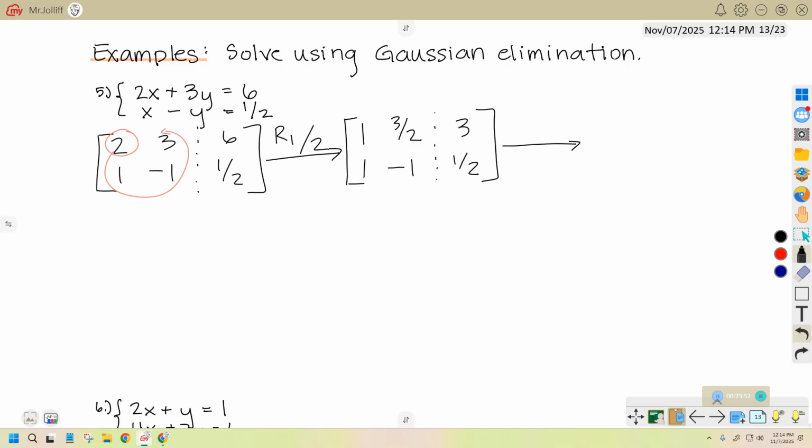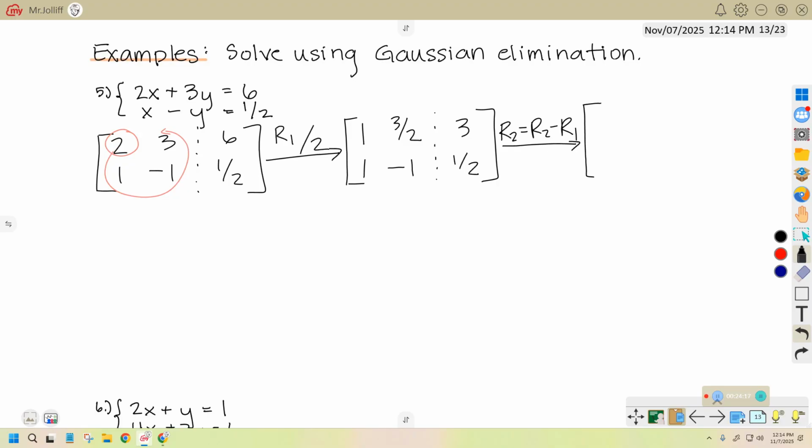And the answer is I'm going to take row 2 and I'm going to set it equal to row 2 minus row 1. Because I'm allowed to multiply a row and then add or subtract it to another row. So I'm taking row 1, multiplying it by -1, adding it to row 2.